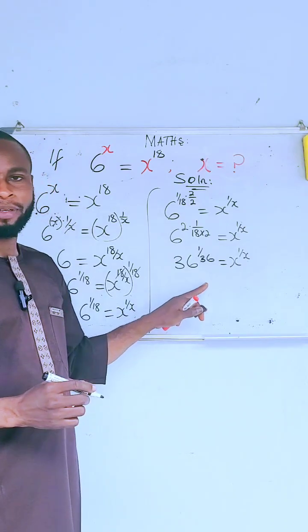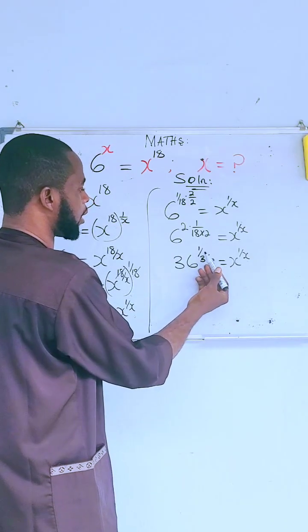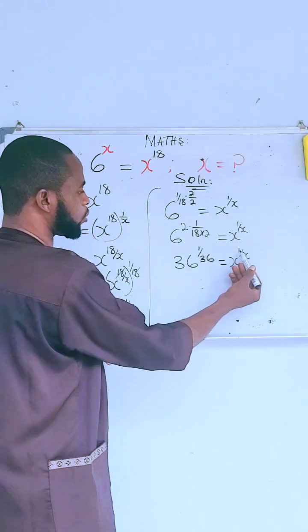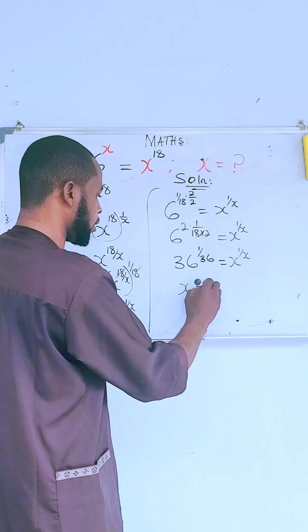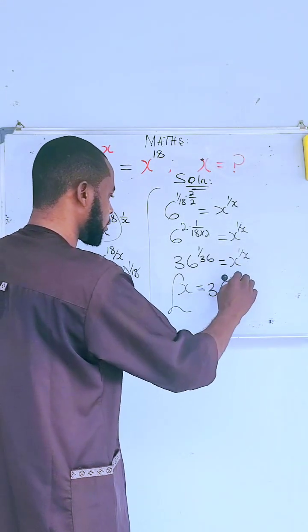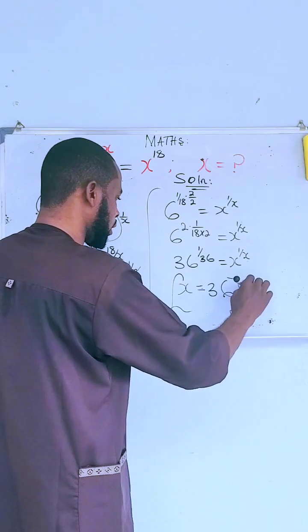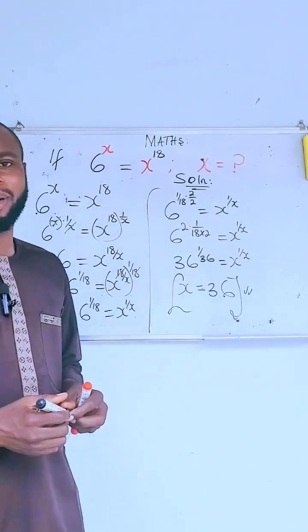Here, by comparison, we can see that 36 equals x and 1 over 36 equals 1 over x. Then as such, x equals 36. And this is the value of x that will satisfy this given exponential equation right here on the board.